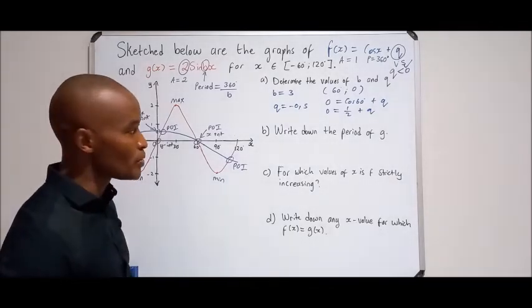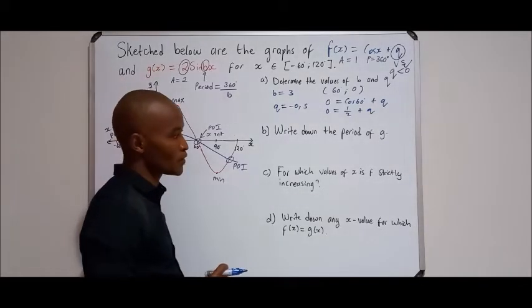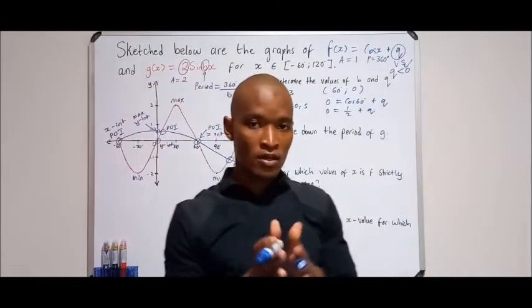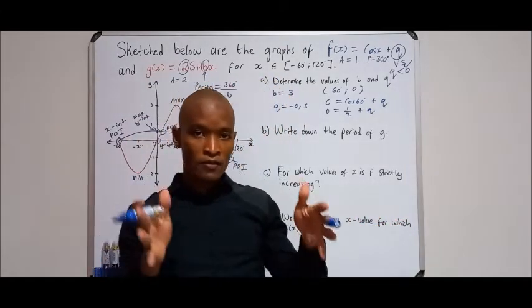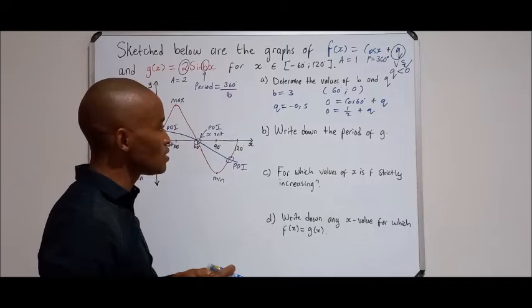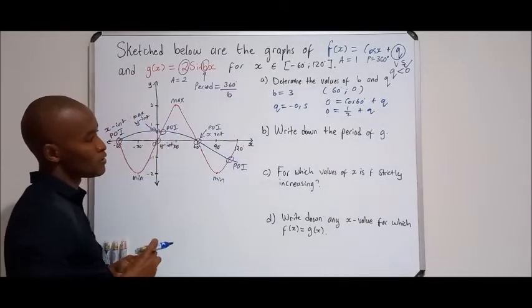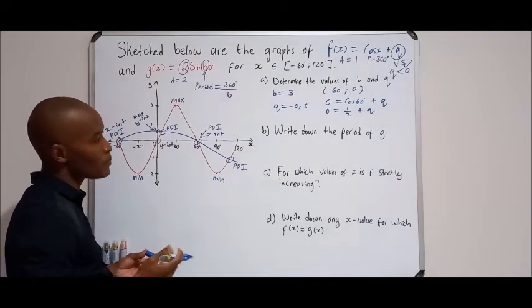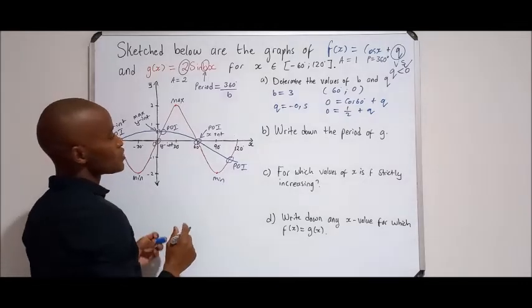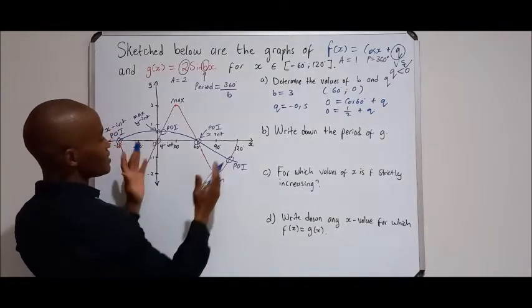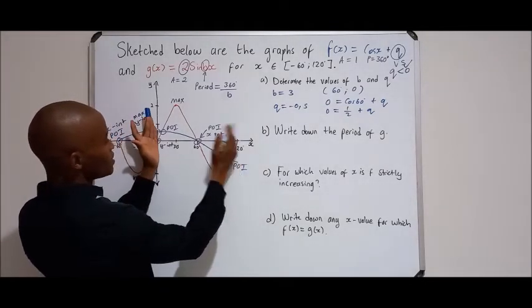B, the follow-up question. Write down the period of G. That is the interval where the full cycle of the graph will happen. So how do we see that? G is this graph right here.